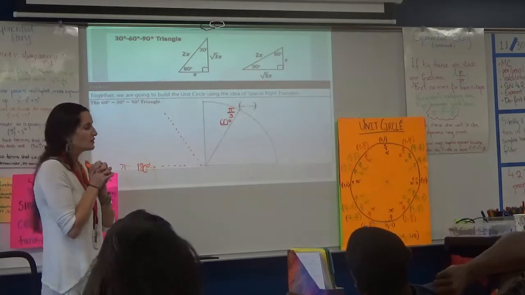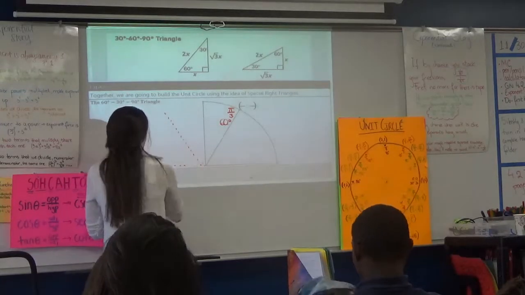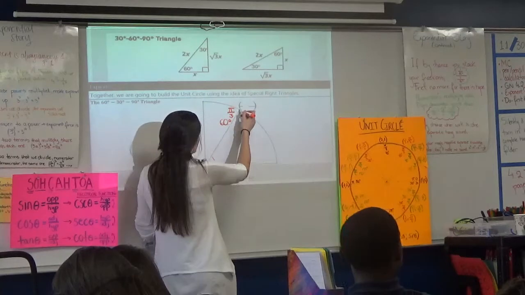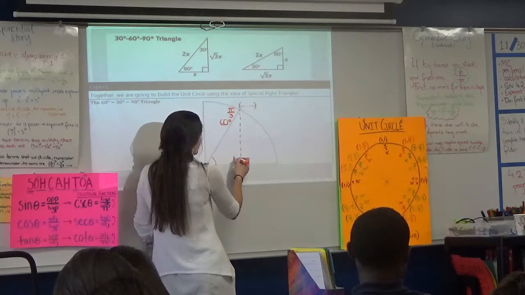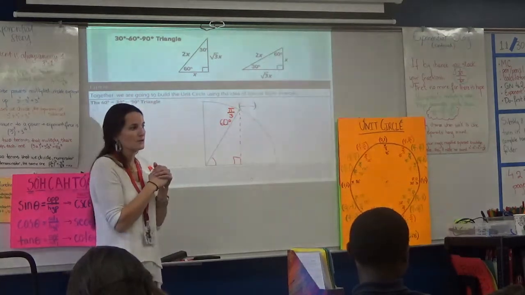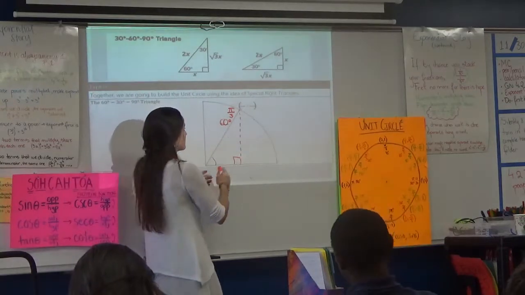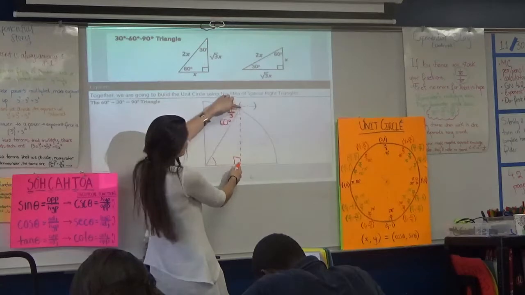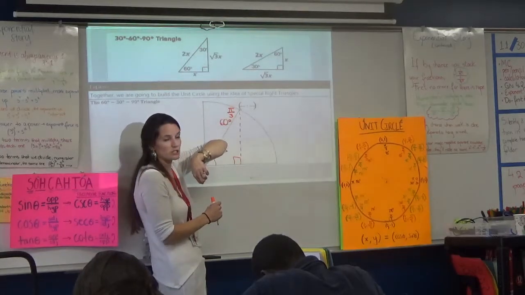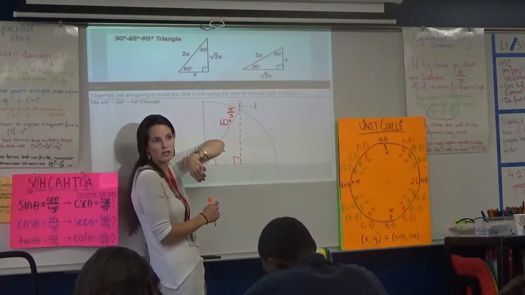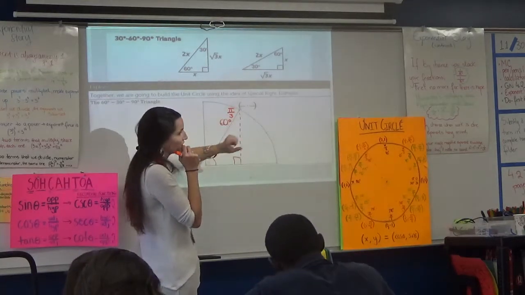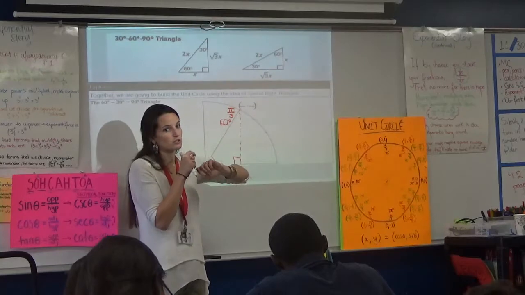Okay? Alright, so we've got our triangle, our angle, and we can make this angle into a right triangle so that we can find our x and y, because x will be this distance and y will be this distance, just like we did yesterday with the 45-degree triangle. We don't know this, but there is a side that we do know.